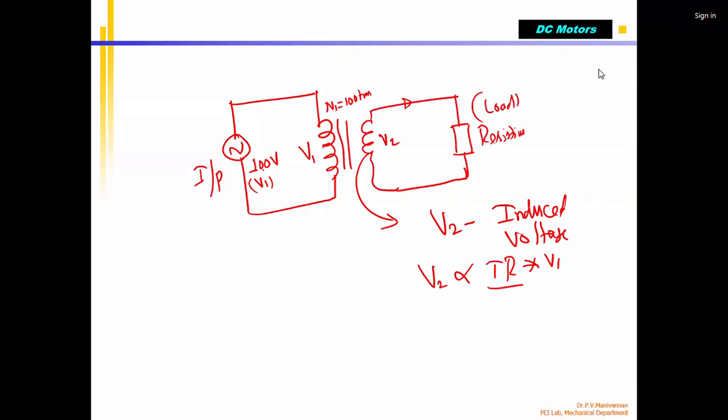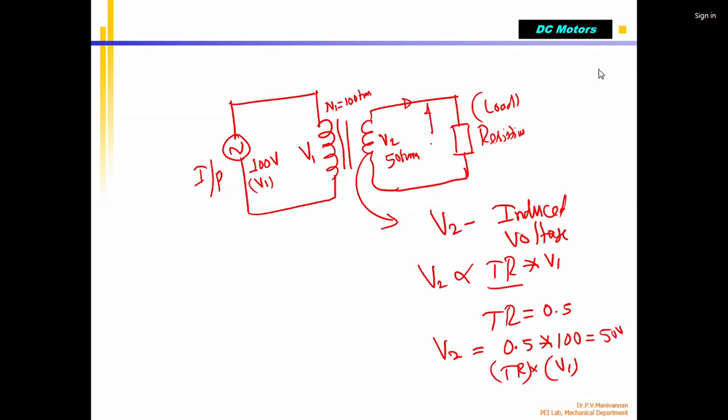When I supply an input of 100 volts and the secondary has 50 turns, the TR equals 0.5. That means V2 equals 0.5 multiplied by the input voltage V1. That is going to be 50 volts. If I measure the voltage here, I will get 50 volts.